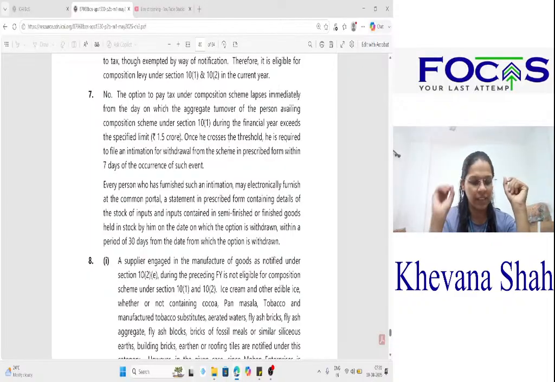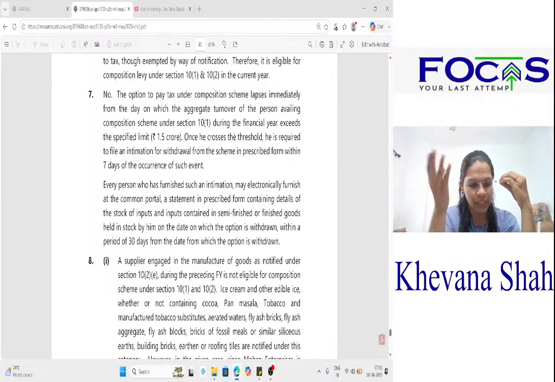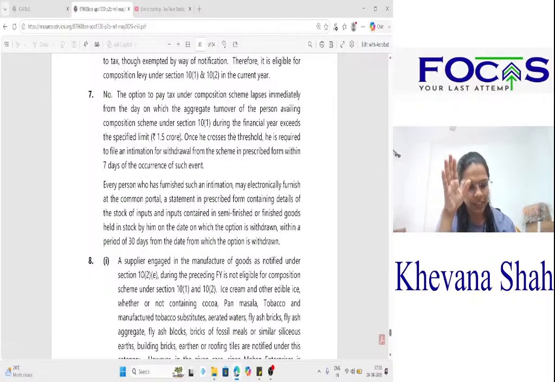So the answer, as I said, is no. The option to pay tax under composition scheme lapses immediately from the day on which the aggregate turnover of the person availing composition scheme under section 10(1) during the financial year exceeds the specified limit, that is 1.5 crores. So the day this turnover limit is crossed, you are no longer eligible for the composition scheme.